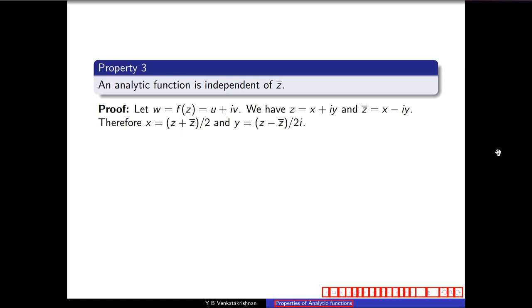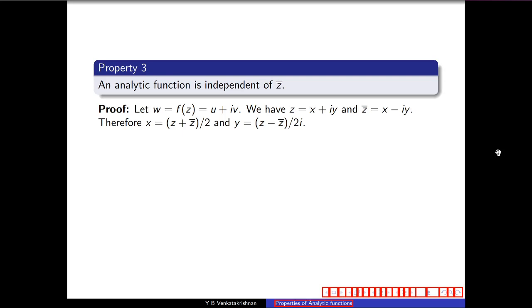That is, when we have f of z as u plus iv and u squared plus v squared is equal to constant, then you have to show that f of z is equal to u plus iv is also constant. The proof for this will be along the same lines as we proved property 1 and 2.